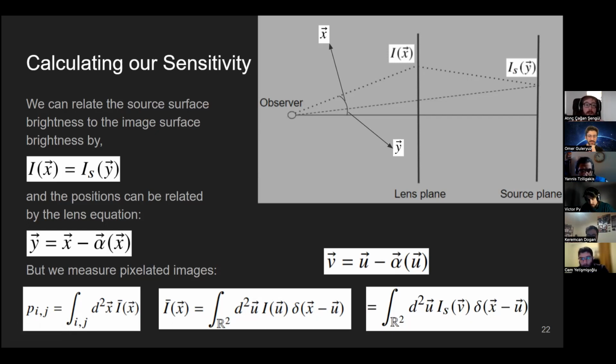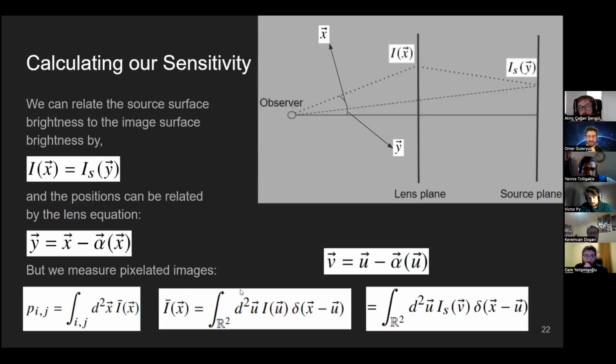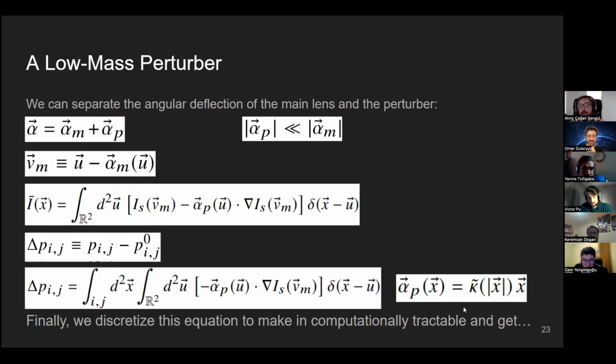So now, what happens when we add a low mass perturber? You can separate the angular deflections of the main lens, which is written here as alpha_m, and the angular deflection of the perturber, which is written here as alpha_p. And alpha_p is much, much smaller than alpha_m, because alpha_m is the main lens that's doing a lot of the bending, and the perturber is only doing a very small amount of bending. And then we expand this earlier equation around the place where you would get lensed only by the main lens.